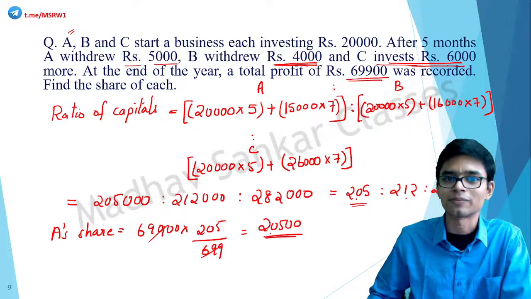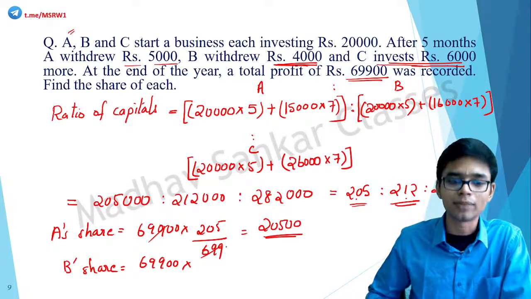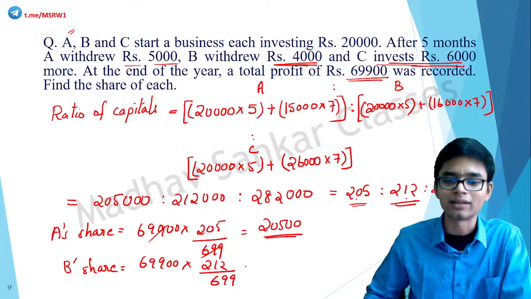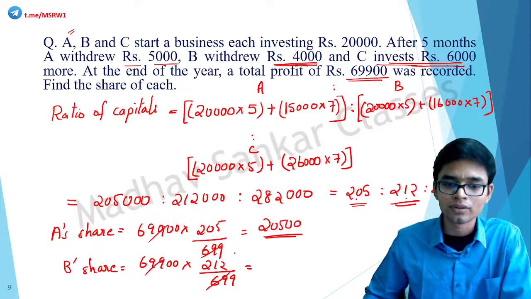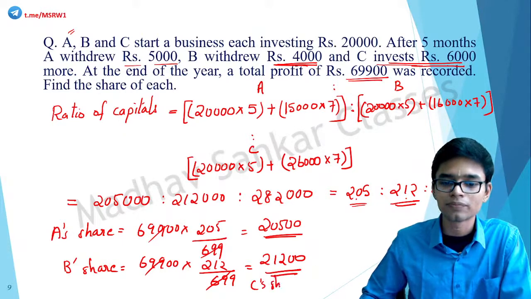This is A's share. Now B's share is equal to, again, 69900 into how many parts? 212 parts. So 212 divided by total parts, that is 699, is equal to 21200. This is B's share. And C's share would be how much? 282 parts, correct?